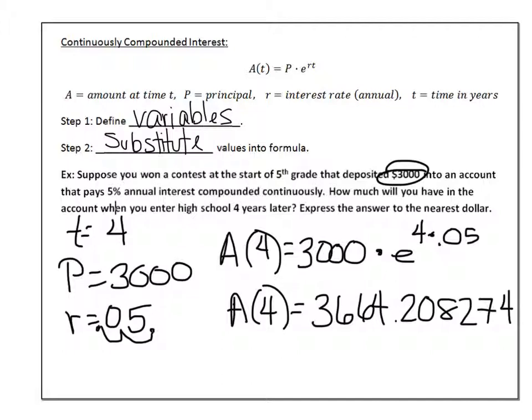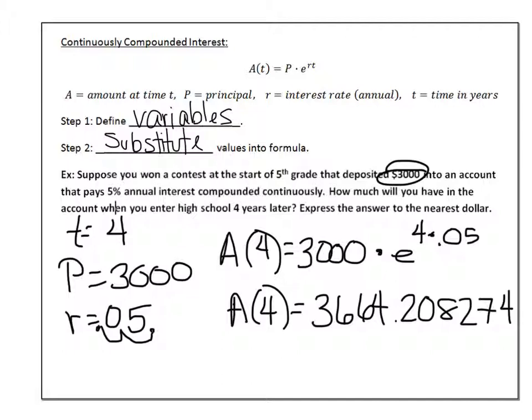If you had the type of calculator where you put in the e first and then the exponent, this is your directions for your calculator. You're going to go 3,000, hit times, hit your e button, and then parenthesis 4 times 0.05, close the parenthesis and hit equals.